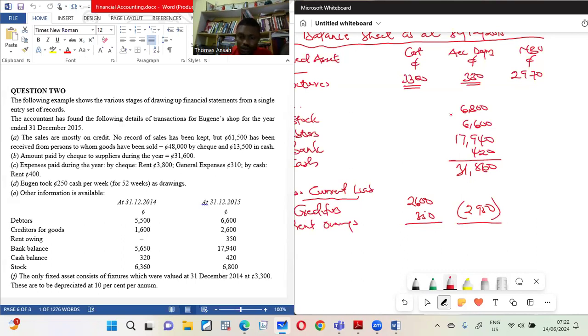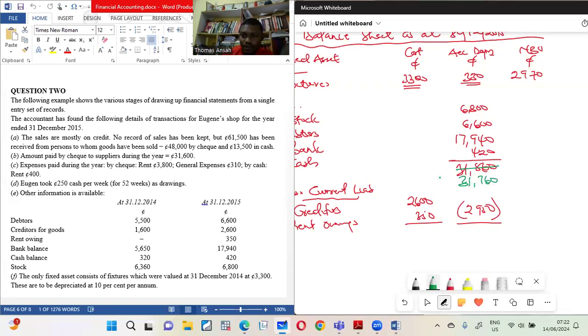So a little check. This one is 6,800, 6,600, 17,940, 420, and if I add them, I've seen a small error. This one is actually supposed to be 31,700. Please, if you are also doing it at your end, be careful.